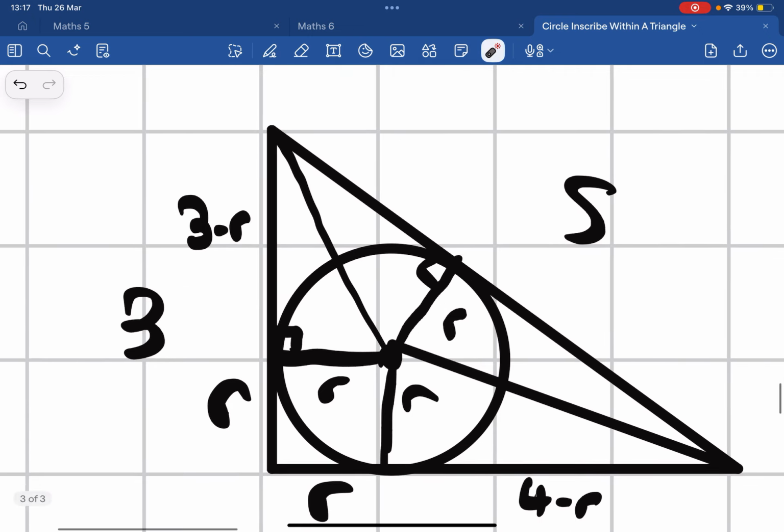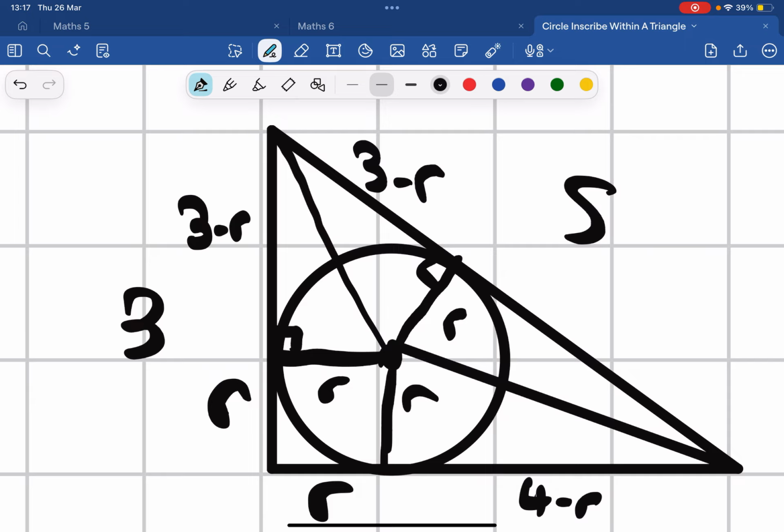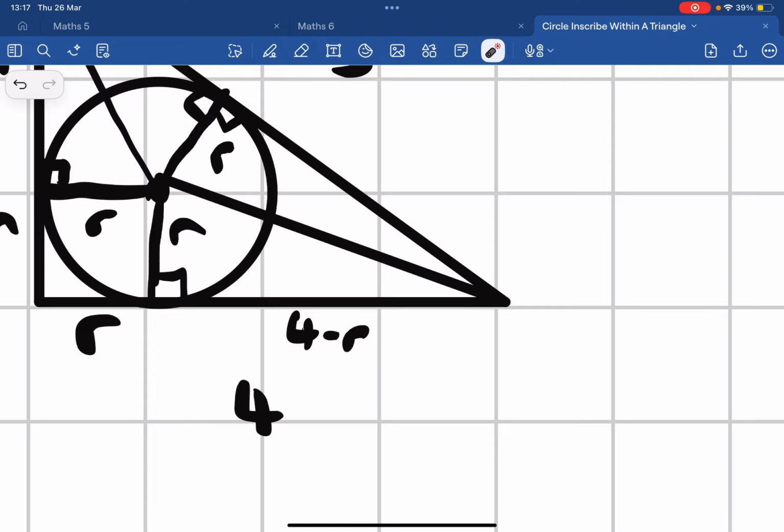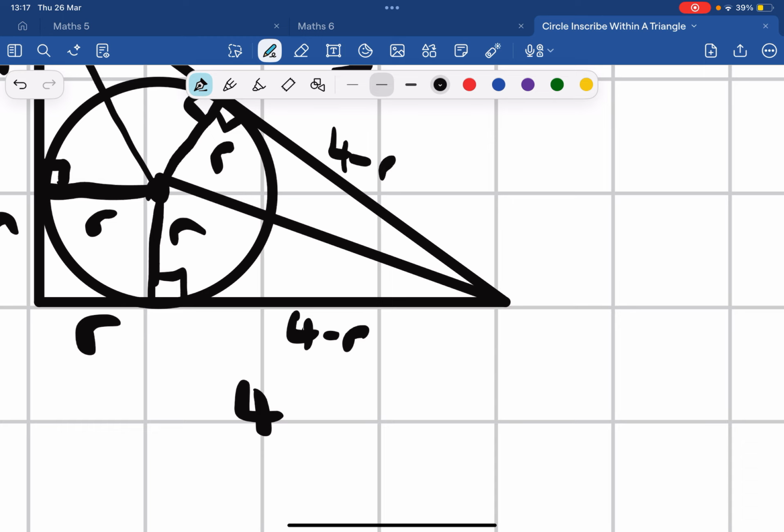So there's one side length there and another side length there, which are both the same. So we can say that this here is 3 minus r. Using similar logic here, we have a right angle there, that's our angle. We need 2 sides for congruency, and in this case we've got the r here and this length there, so we can safely say that this is 4 minus r.